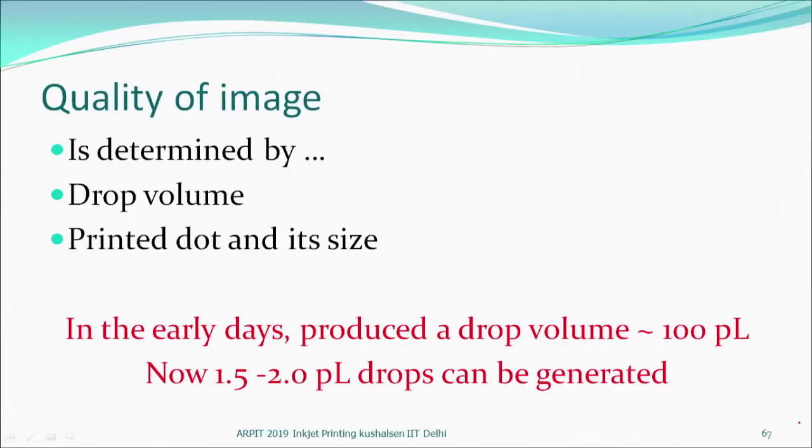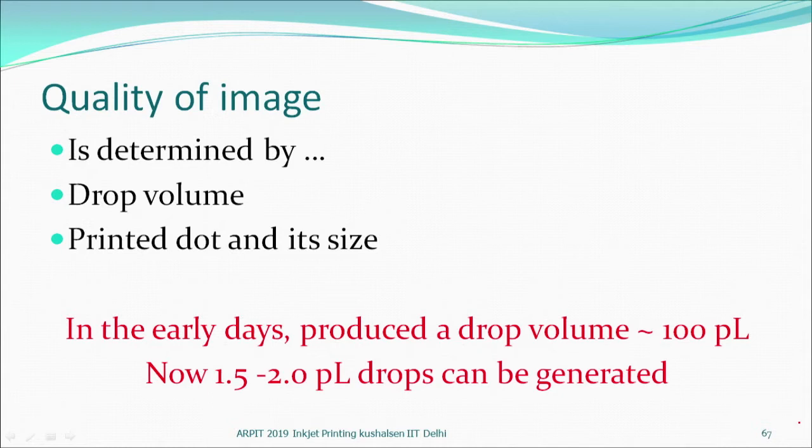All of them must get information as to when to eject. So, this is therefore a complex system, and that is the reason why this part of the machine will be the most costly part. And therefore, we can also say that the quality of the image which is generated through this print head would be determined by this head.